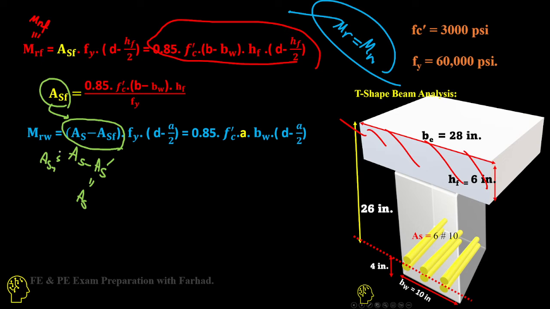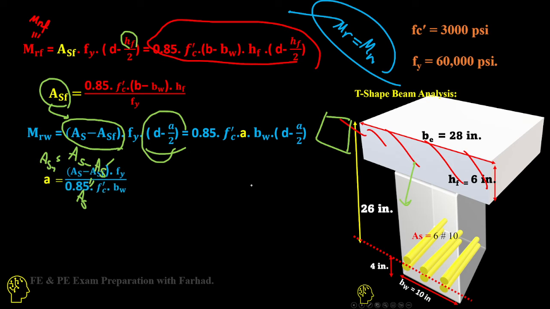The web moment is As minus As for flange times Fy times d minus a over 2 this time, because the arm is d minus a over 2 when you enter the domain of the web, whereas for the flange part it is hf.